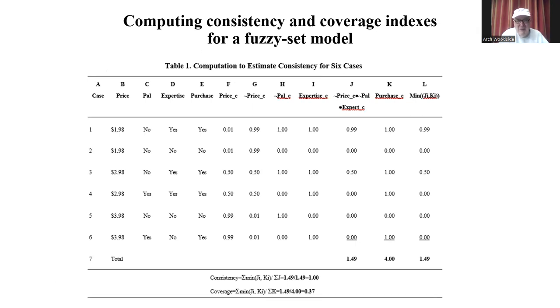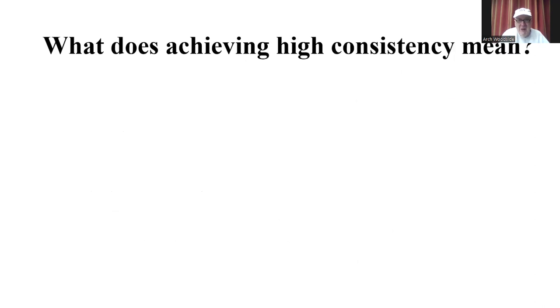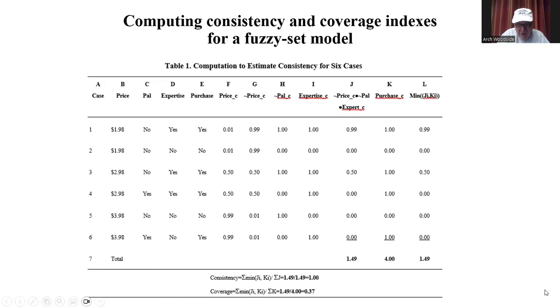So this is the example of the data that we're working with, and today we're going to work with the full data set. We worked with 6 cases last time as a way of introduction, the first time using fsQCA. I want to mention what consistency means. At the bottom here, you see the total scores across the 6 cases for the model: low price, no pal present, and an expert message by the salesperson.